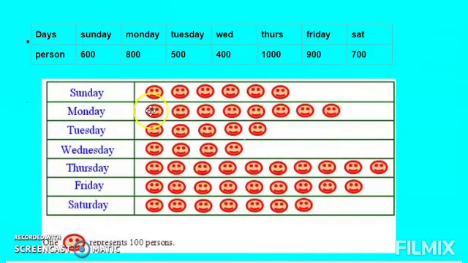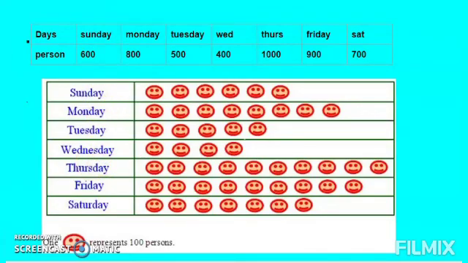So similarly, Monday 8 smileys, Tuesday 5 into 100, 5 smileys, Wednesday 4 into 100, 4 smileys, Thursday 10 into 100, that means 10 smileys, Friday 9 into 100, that is 9 smileys, and Saturday 7 into 100, that means 7 smileys are representing the same data that is written here.